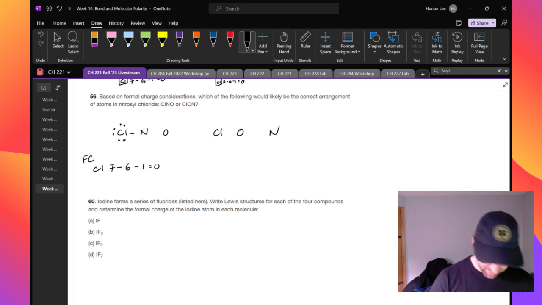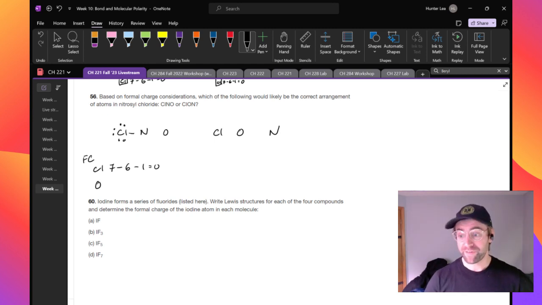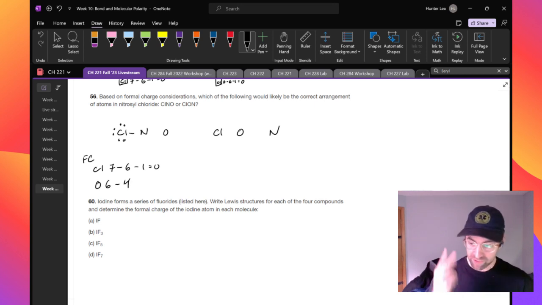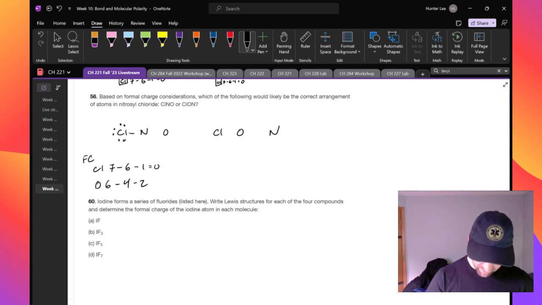We also know that oxygen would not be happy in the same configuration. But if we had 4, so 2 lone pairs, and a double bond, it would be happy. So how would nitrogen be?